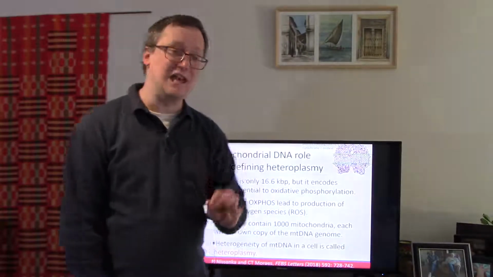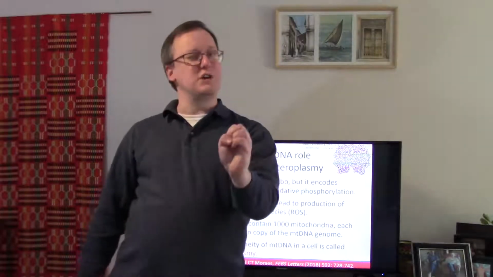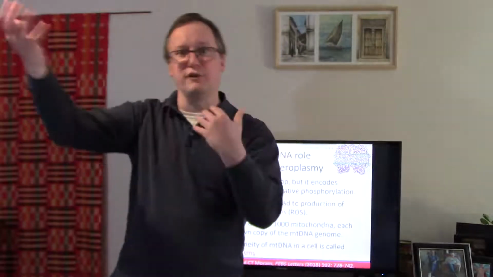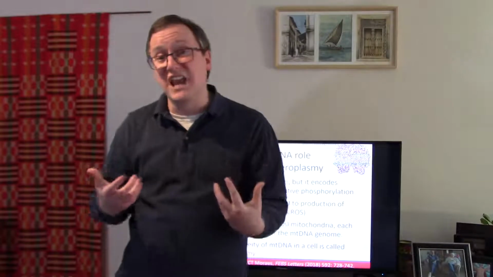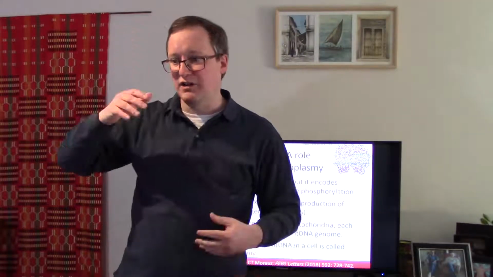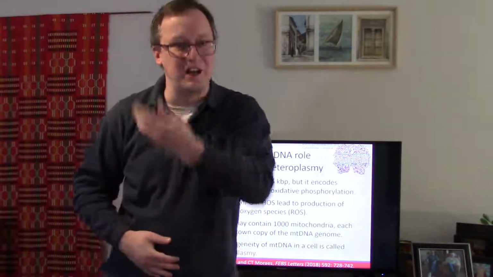In a case like that, if you're looking within an individual cell, you're talking about heteroplasmy. When you talk about different cells having different levels of functional mitochondria, you're really talking about a mosaic, where you as one organism have different sets of mitochondrial DNAs depending on where in your body you're speaking.